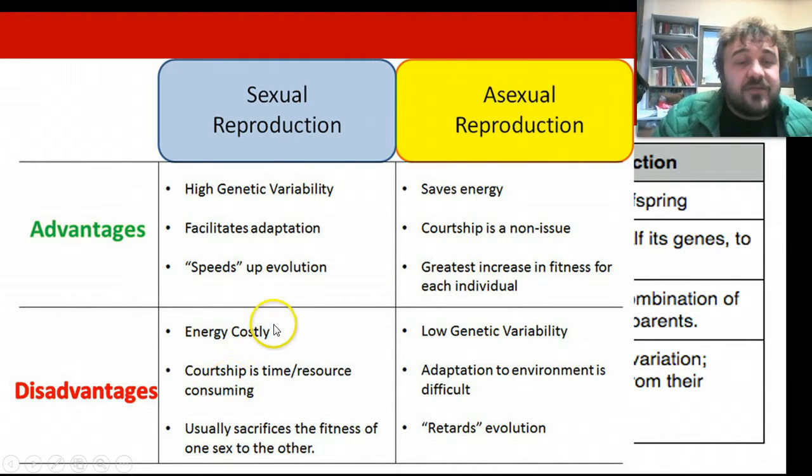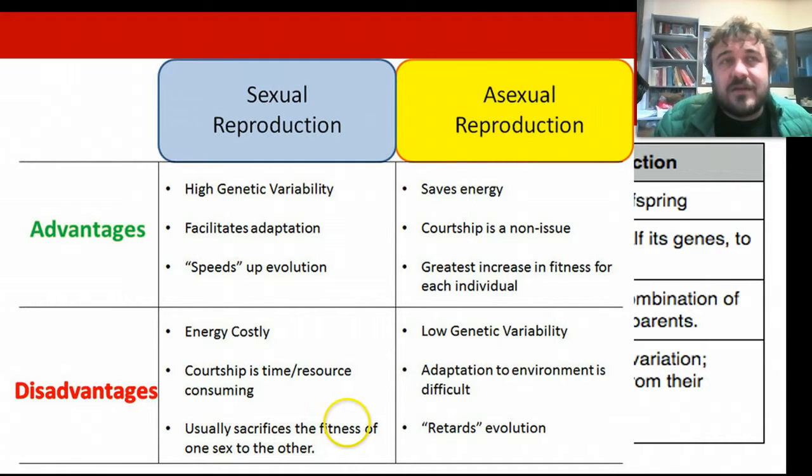Okay, so disadvantages. Sexual reproduction is costly, it takes a lot of energy. Courtship takes a lot of time and resources, and it usually sacrifices the fitness of one sex to another. For example, this does not mean the healthiness as such. It means usually you have a very large and powerful male that can survive, or a large and powerful female that can survive, and the opposite is true.